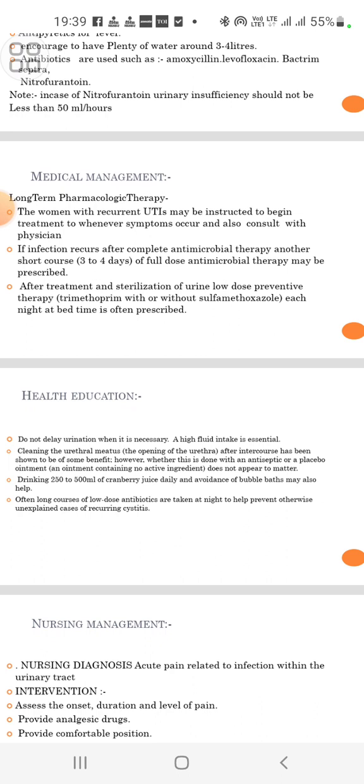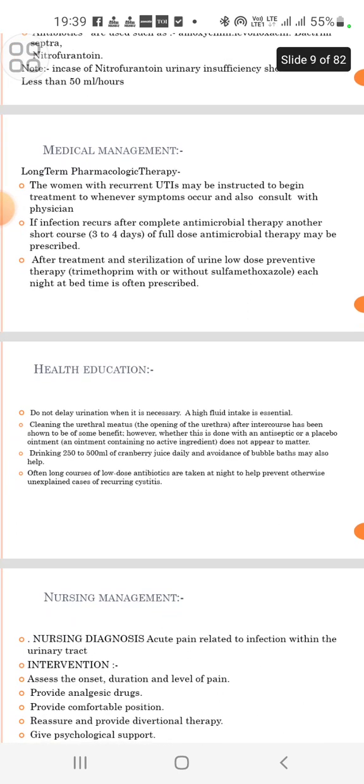Cranberry juice, like lemon juice, is a juice that contains more vitamin C. Also, bubble baths, or baths using soap that provides good fragrance and smell, should be avoided.